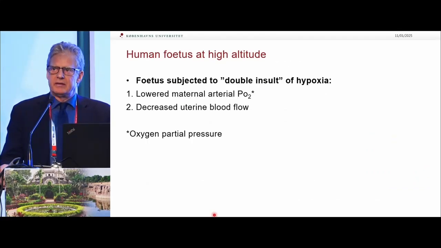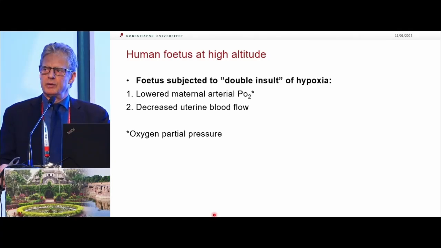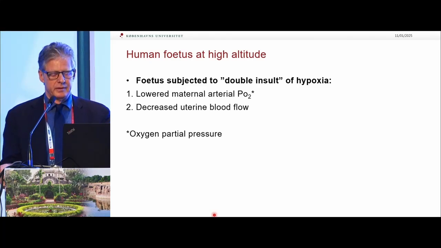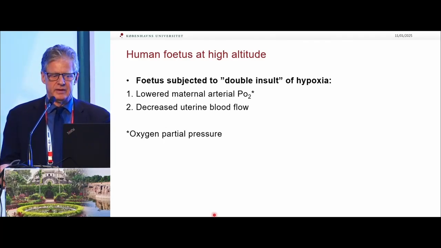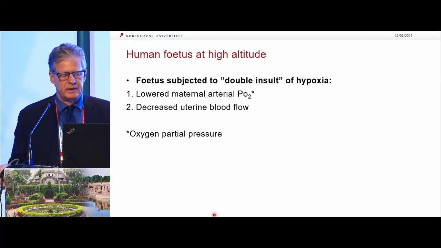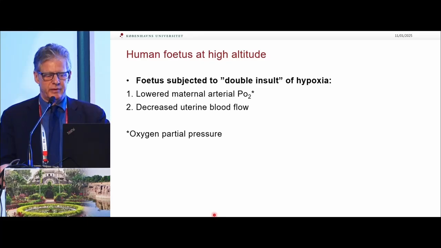So apart from that study, we were also inspired by studies that have been done at high altitude. High altitude would be above 3,000 meters above sea level. And here, the fetus is subjected to a so-called double insult of hypoxia, meaning that there will be lowered maternal arterial oxygen partial pressure and a decreased uterine blood flow, as I mentioned before.